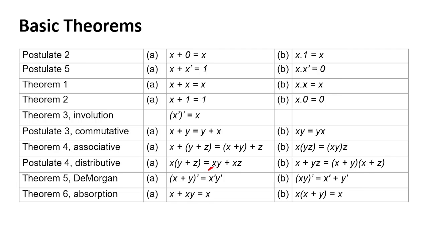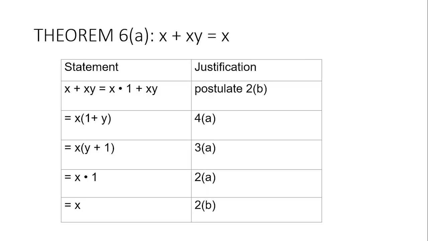So take x common and take y and z separately. That is the postulate, and that is what you are doing. Instead of y you have 1 here, and instead of z you have y here. They are all variables after all.